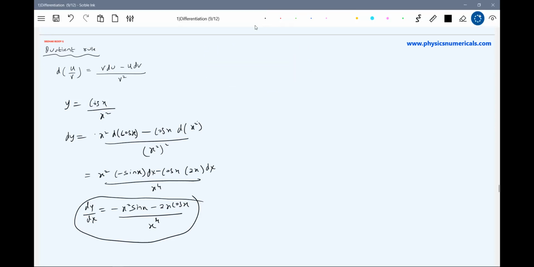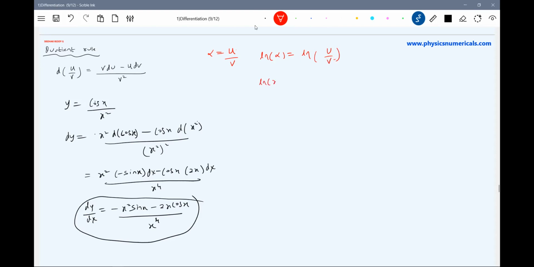So let me write alpha is equal to u by v. This is u and this is v. Let me take log on both sides. So this will become log of u by v.